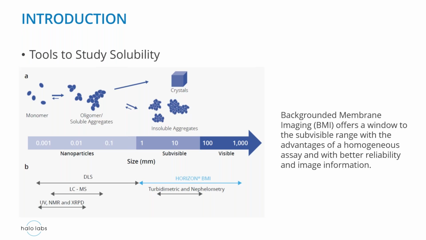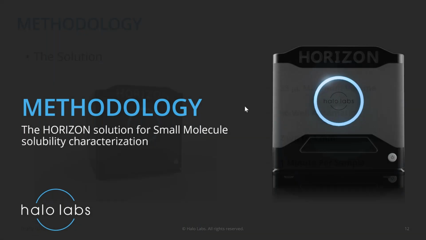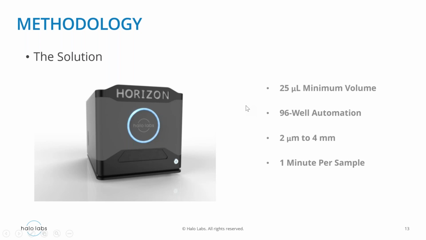So a need was found for this subvisible space, and when we were looking into this, this is the solution that we came up with. We built this Horizon system that uses the background methodology, and it's a very convenient solution.